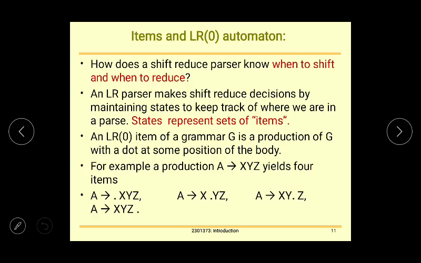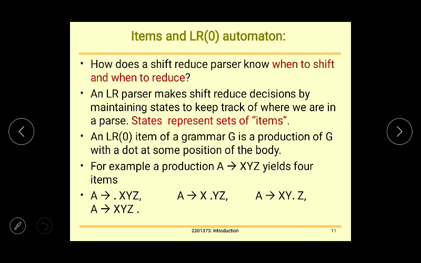Now, what are items and LR(0) automaton? We know about automaton. Automaton consists of some states, transitions, then start state, final states, etc., which is used to recognize the string. So, how is it helpful for implementing LR(0) automaton?